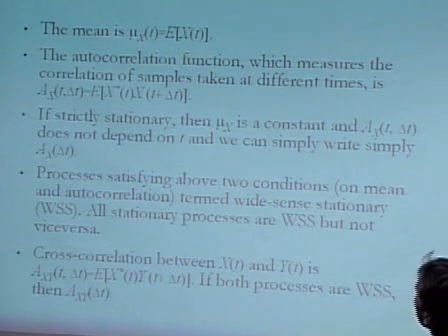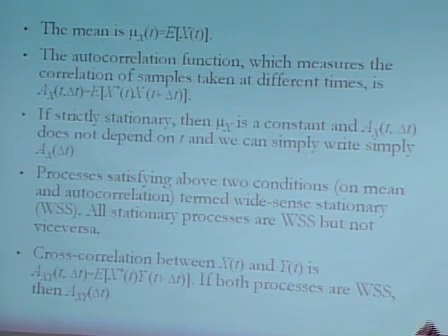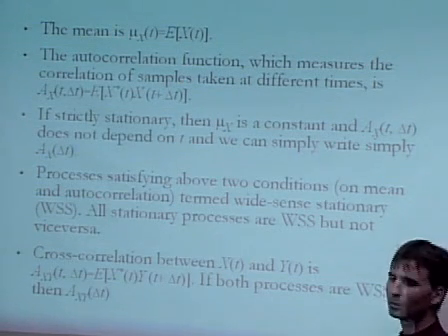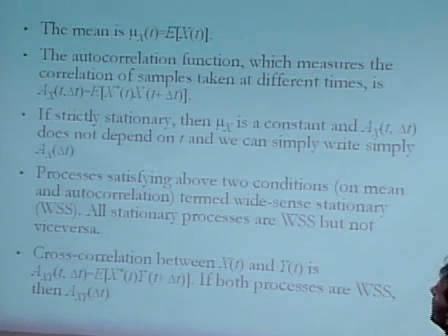We also have an autocorrelation. Remember that we had also autocorrelations for random variables. So the autocorrelation of a random process x measures the correlation of samples taken at different times. Okay, so we'll denote it by a sub x, and it's a function of t and delta t. So a sub x is the expected value of x of t times x of t plus delta t.